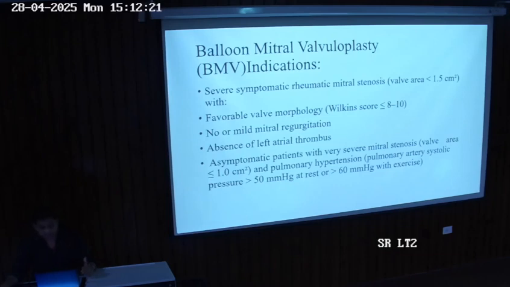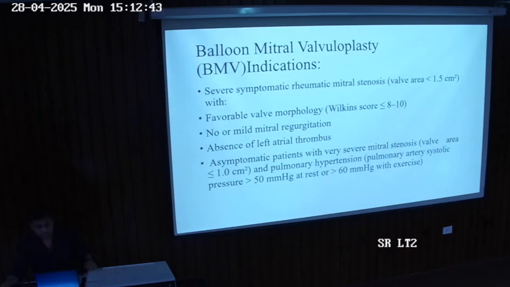There is a chart with different parameters: no or mild mitral regurgitation, absence of left atrial enlargement and thrombus, asymptomatic patient with very severe mitral stenosis, pulmonary arterial hypertension, mild to moderate to severe.